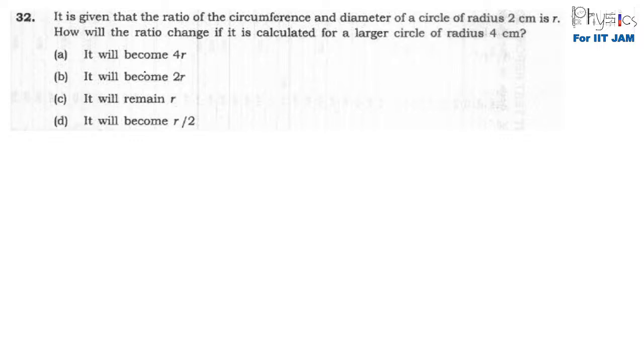The options are: option A, it will become 4R; option B, it will become 2R; option C, it will remain R; and option D, it will become R by 2. Please tell me which option should be correct.